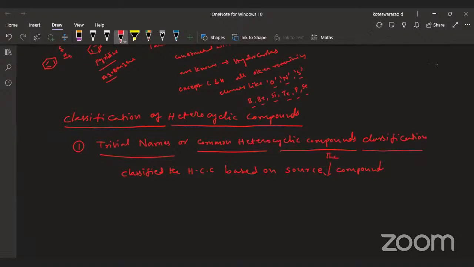For example, we consider picoline, the heterocyclic. Picoline is a methyl substituted pyridine compound.